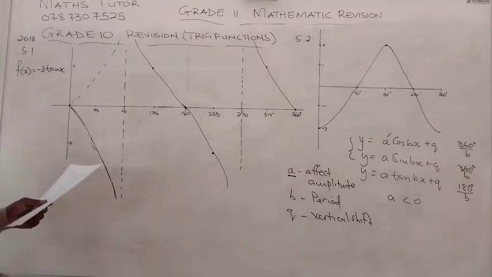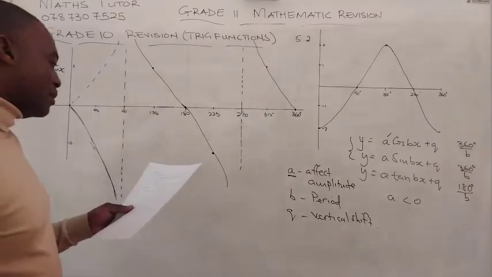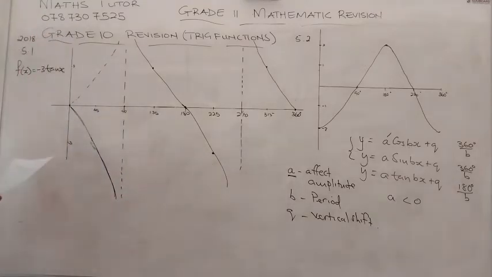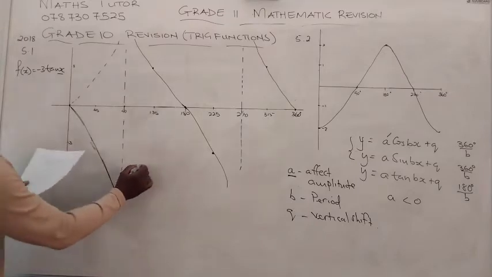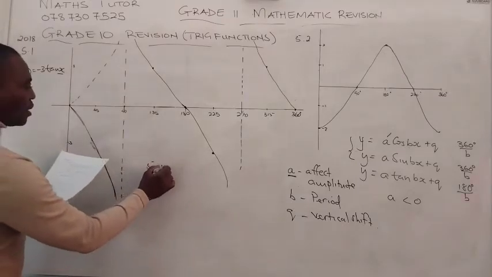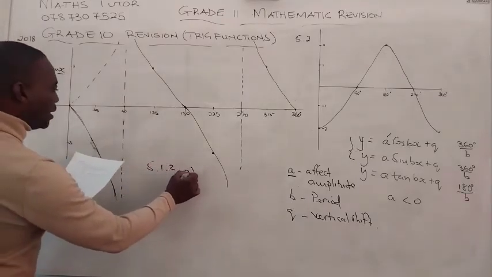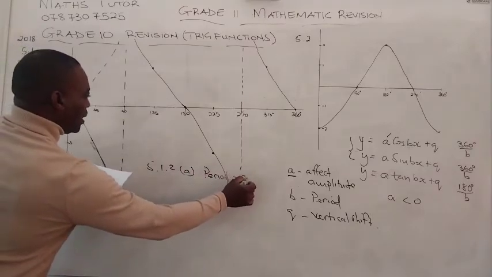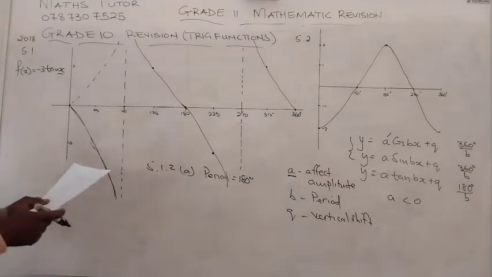Okay, then hence or otherwise, write down the period of f. We've already talked about the period. The period is not going to change because our b is 1. So 5.1.2a, the period is still 180 degrees.